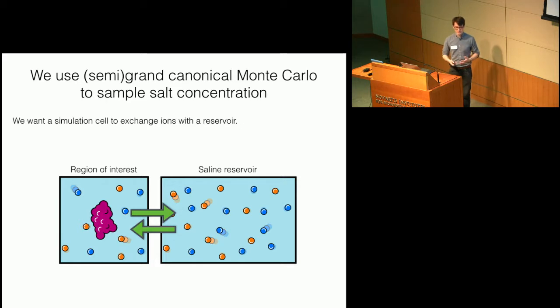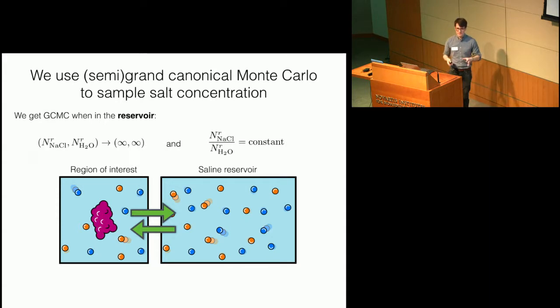So we tackled this problem using semi-grand canonical Monte Carlo. Now, you could also tackle this problem by simulating explicitly the volume we're interested in and explicitly simulating the reservoir. So we could do molecular dynamics simulations of a huge system that exchanges ions between the reservoir and the system of interest. But in GCMC, Grand Canonical Monte Carlo, we take the limit of this reservoir becoming infinitely large so that the number of salt pairs and water molecules tends to infinity, but the ratio of them stays constant.